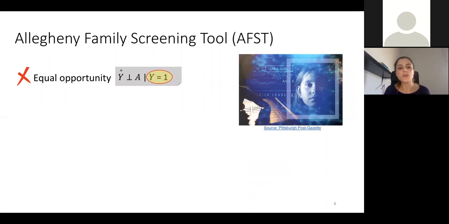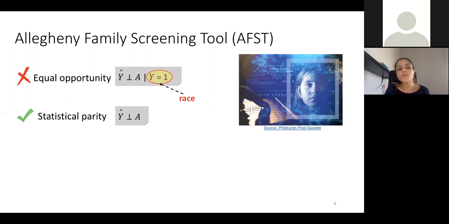For example, equal opportunity, as you can see in its formula, the prediction is based on the true outcome Y. We just saw in this case that Y is not reliable, because it is biased and it is highly correlated with the sensitive attribute through the proxy, the rate of referral calls, okay? So the prediction basically will lead to discrimination against people belonging to minority or disadvantaged groups.